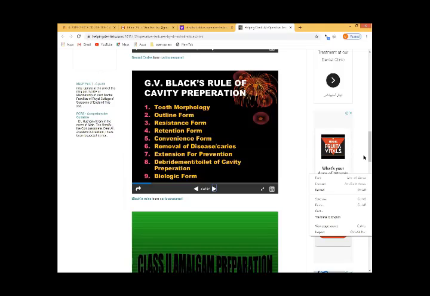Here again, when we are designing the cavity, we dig it and sacrifice the marginal ridge, and we make a class 1 cavity on the occlusal surface.